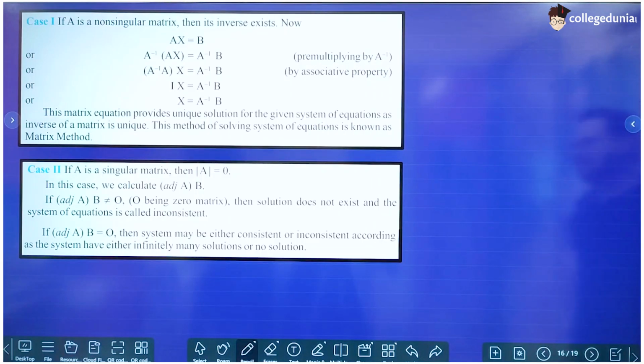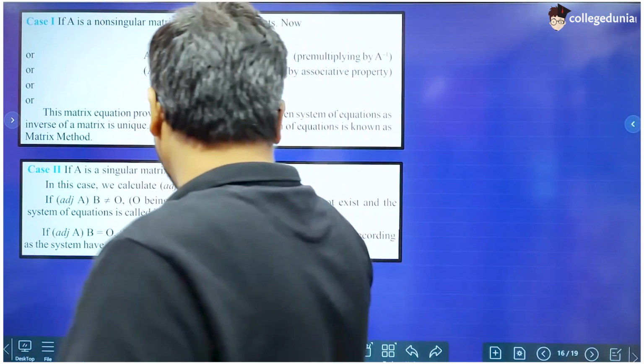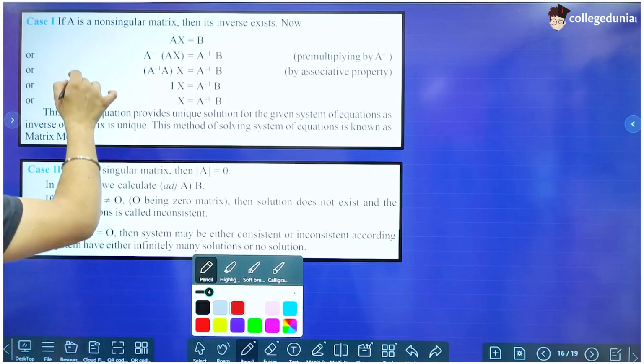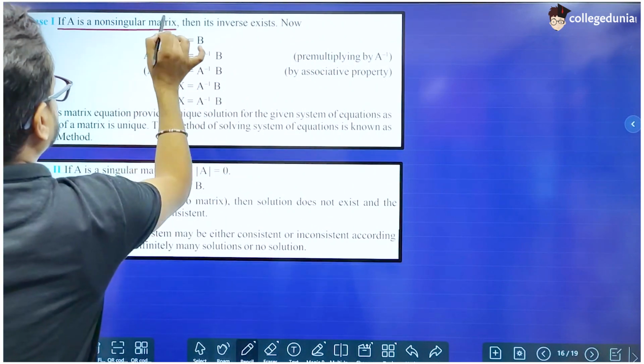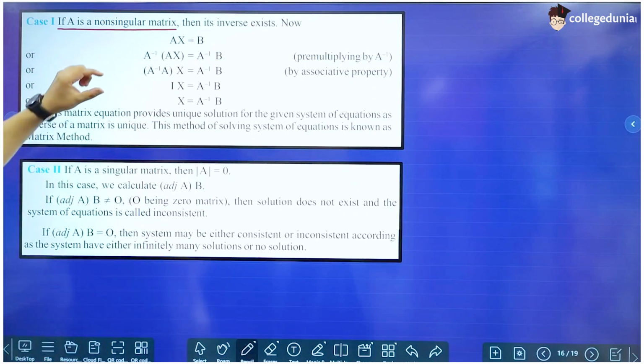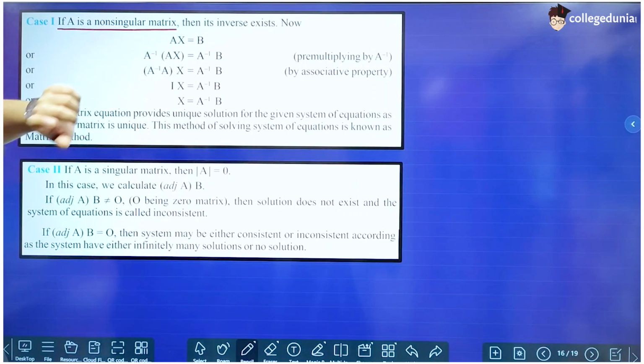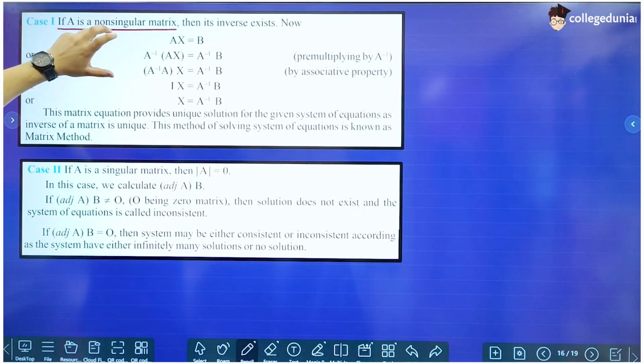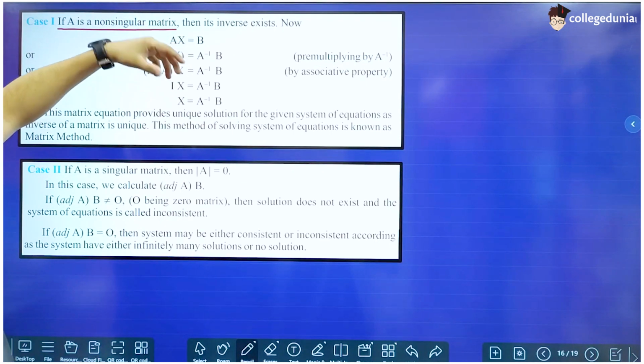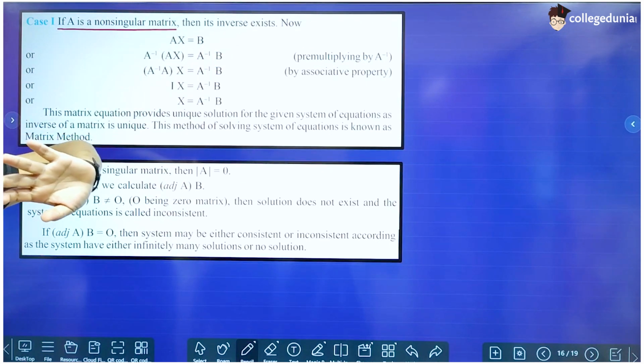Let's take some examples, but first let us see what are the various cases that we can have. If A is a non-singular matrix, everything depends on A, because we have to use the inverse of A to solve the equations. If it is a non-singular matrix, then the inverse exists, so we can find a unique solution.